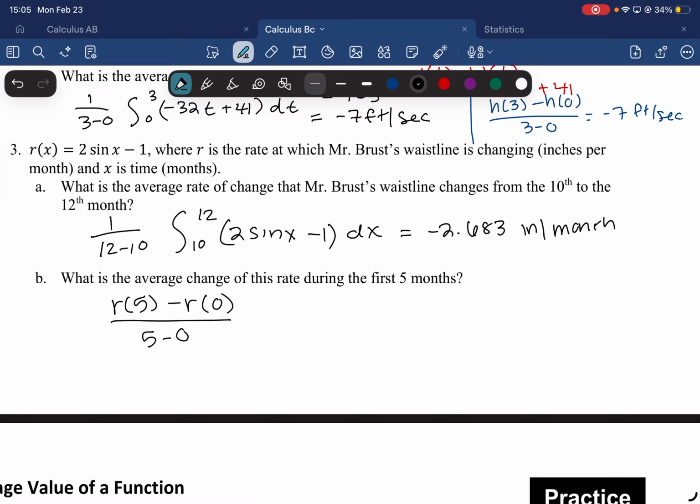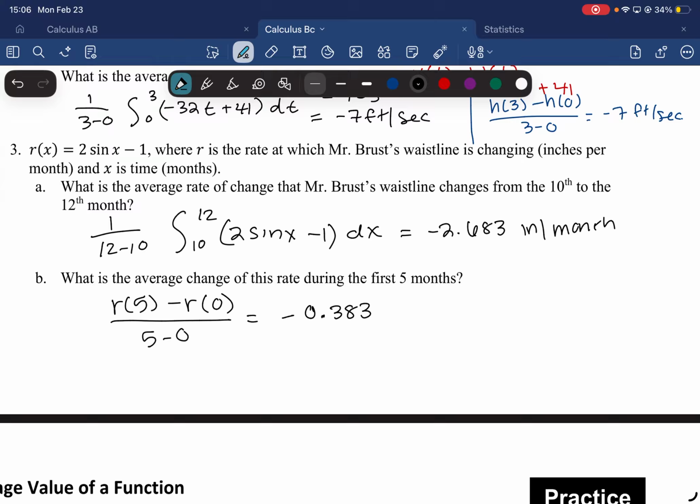So this is my f of b minus f of a. It's the first 5 months, so that is 0 to 5. Just plug this into Desmos. If you plug in the original equation r of x, on the next line you can type in this entire fraction, and it will give you negative 0.383.